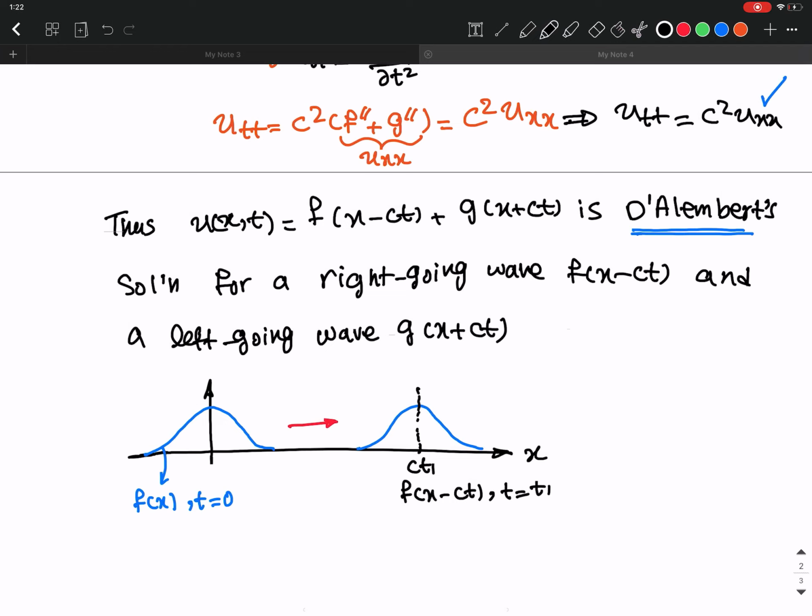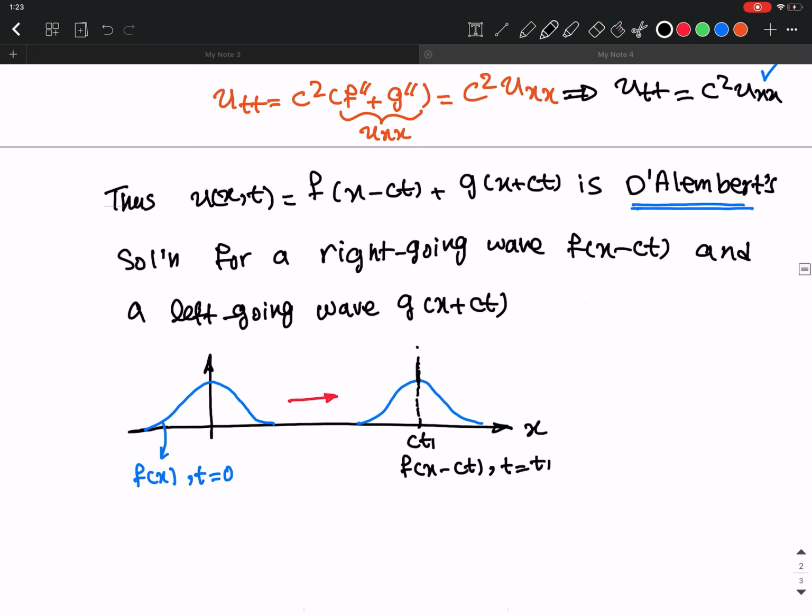So this is just a right traveling wave, right? Because at t1, you get the same function as f(x), but it has traveled in time to the right direction. So one is a right going wave and one is a left going wave. This is how it looks.